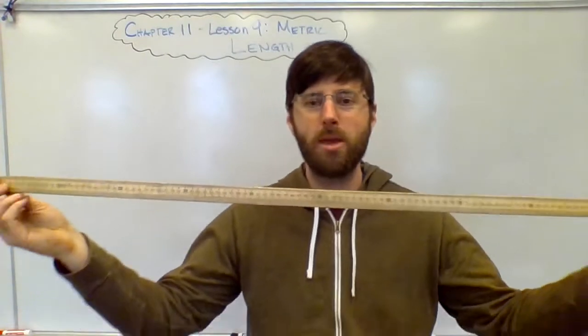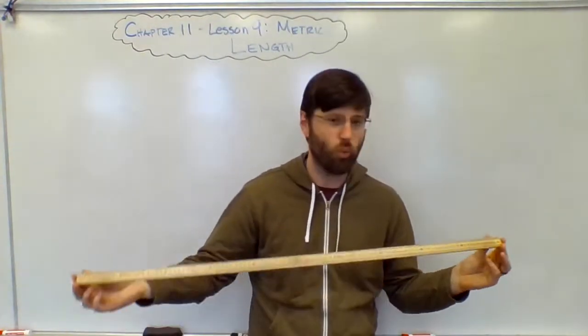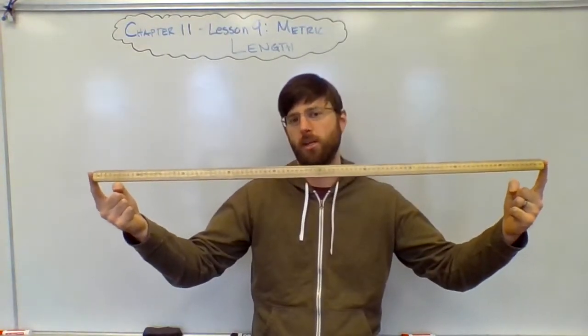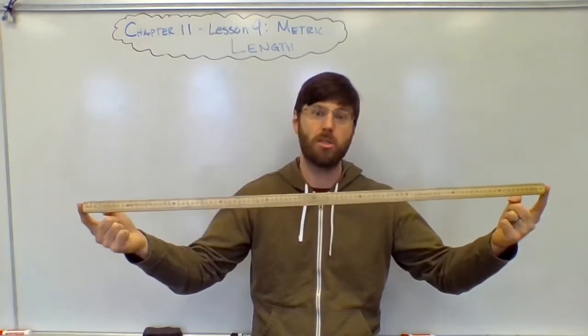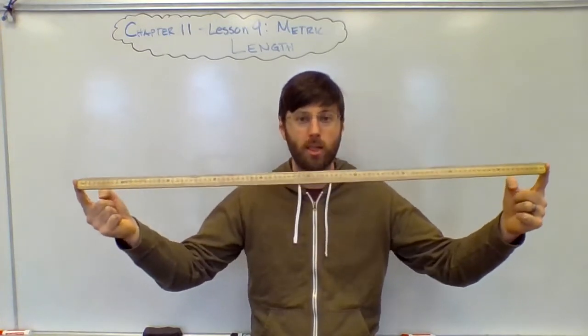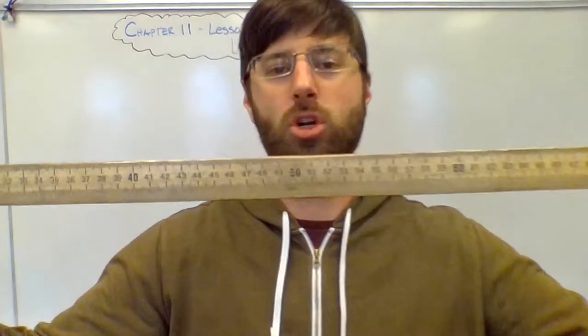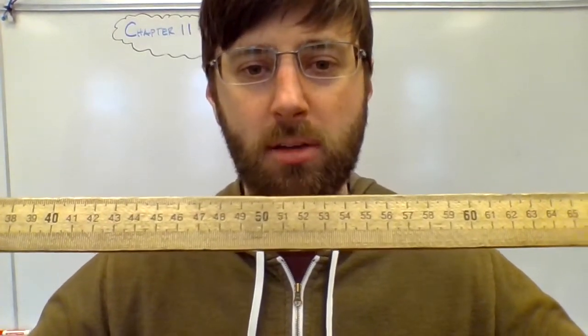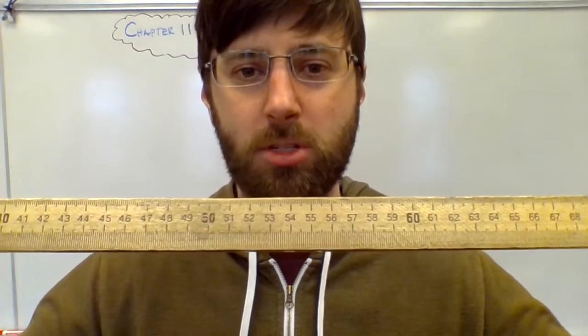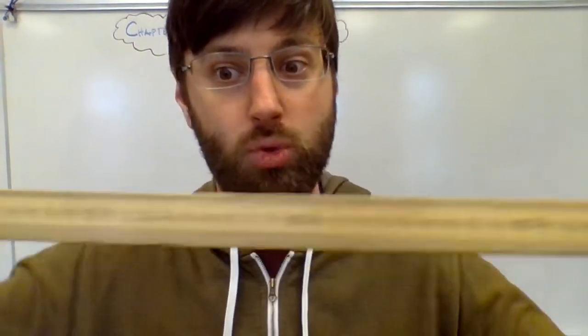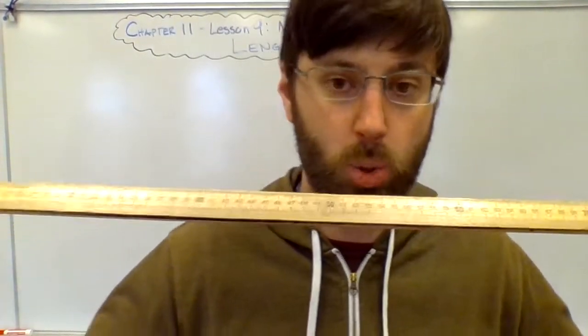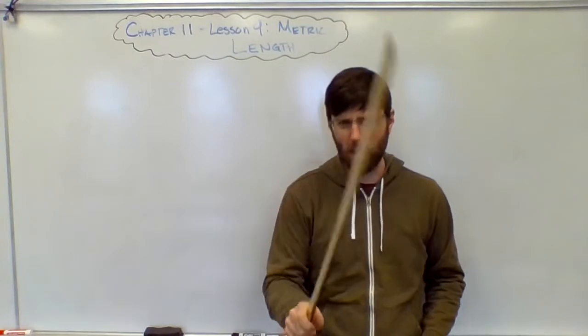So here, my meter stick has 100 centimeters in it, which means that it has 1,000 millimeters in it. So there are literally, drawn on here, 1,000 of those little tiny hash marks that you can just barely see. There's 1,000 of them in between my fingers. Hooray, so cool. And that's what we're measuring with today.